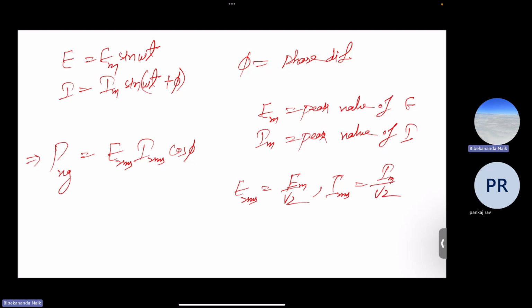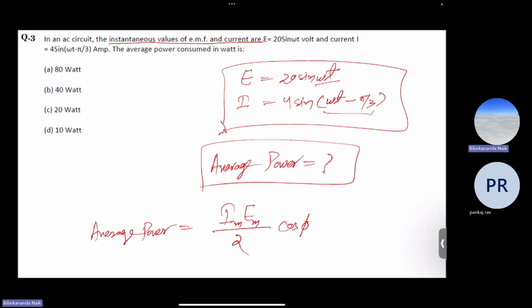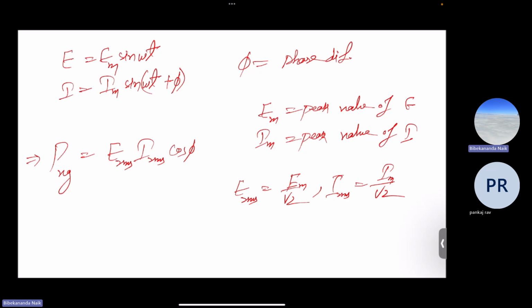So here if we calculate, from the question you see it is sin omega t, and it is omega t minus pi by 3. So for our question, phi is pi by 3.